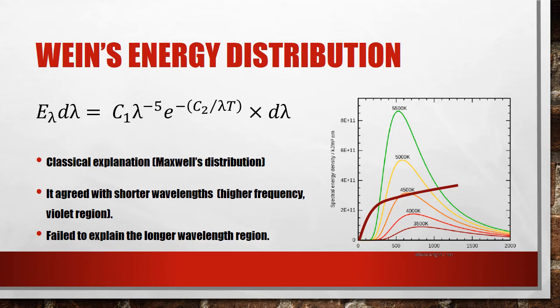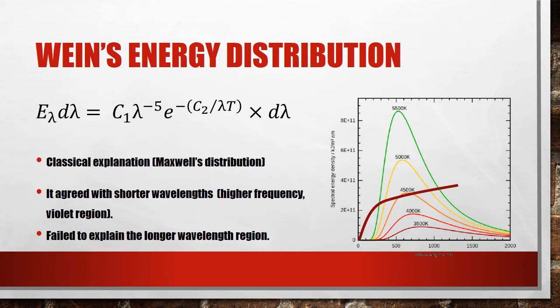Towards the higher wavelengths, as lambda increases, the equation will depend more on lambda raised to -5, and the distribution tends to deviate away from the behavior shown by the black body. So Wien's distribution agreed only for the shorter wavelengths, that is higher frequency. Towards the blue region it was okay, but towards the red region it showed a higher deviation and doesn't actually fit the black body radiation spectrum.